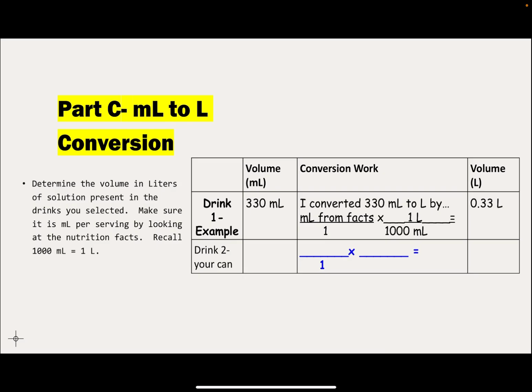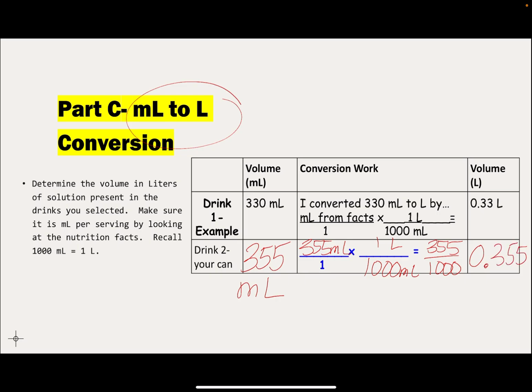To get to molarity, we need to convert our can from milliliters to liters. When I look at my can, I see that it's 355 mL. So I'm going to have 355 mL per 1,000 mL to get it to liters. So we're going to do 355 divided by 1,000, and we get 0.355 liter.